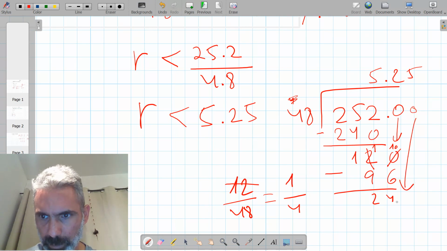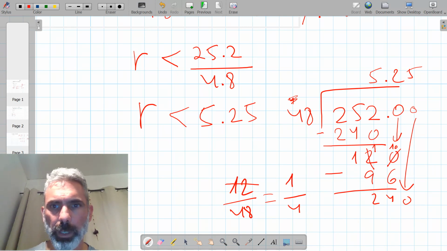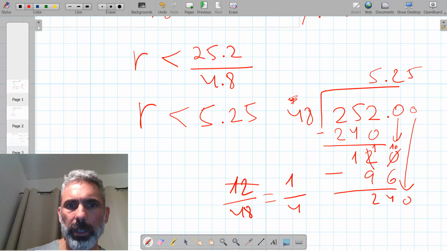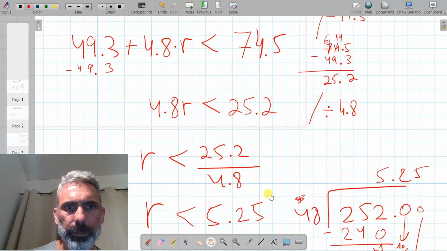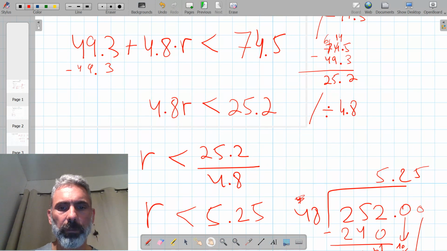Another 0. 48 goes into 240. 5 times 40 is 200, 5 times 8 is 40. Yeah, okay. So R has to be less than 5.25.